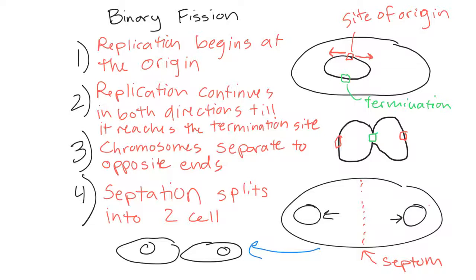Yes? Does it ever happen where the cell tries to split with the chromosomes on each end, but something went wrong, and so it has both chromosomes on one end or something? Yeah, I would imagine that happens. I don't know specifically, but the one without a chromosome couldn't do anything.